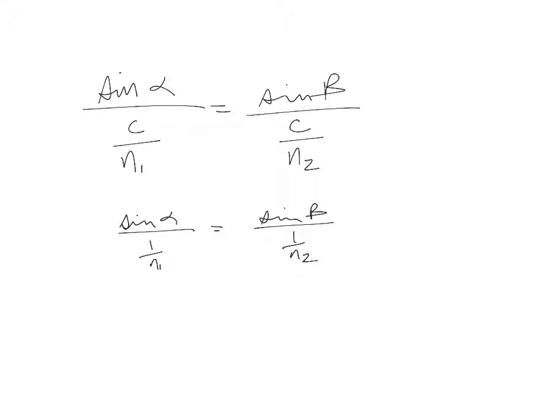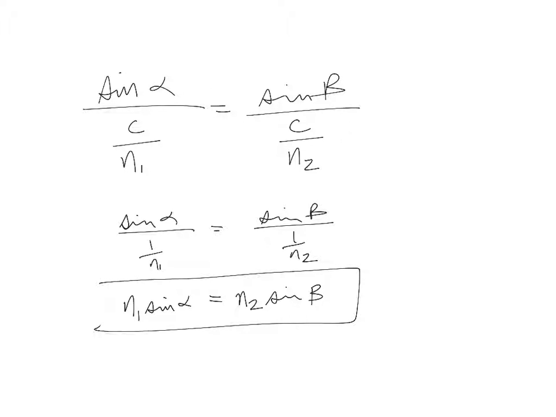And now what happens when you do this? You would have N1 sine alpha equals N2 sine beta, and then you have all of the versions, ways you could rearrange it.